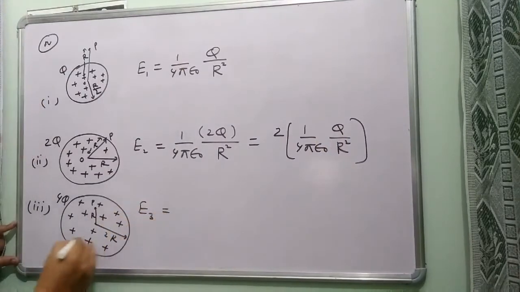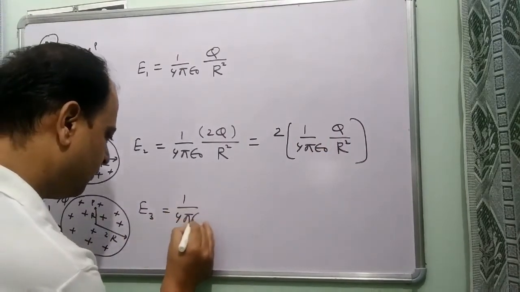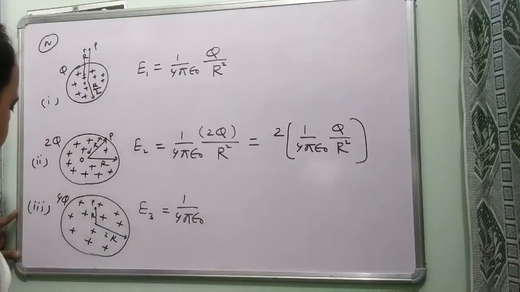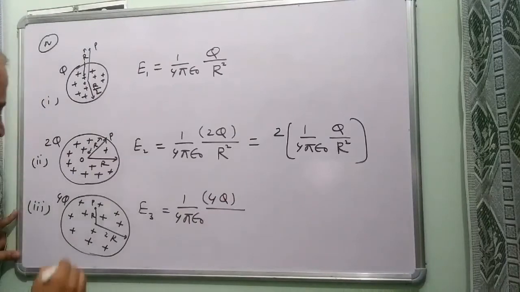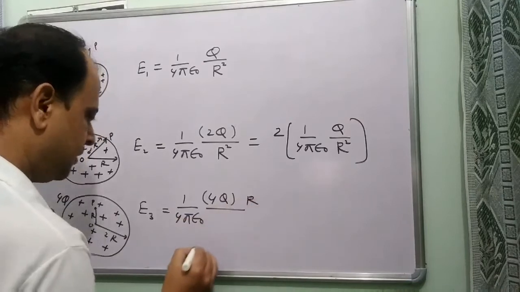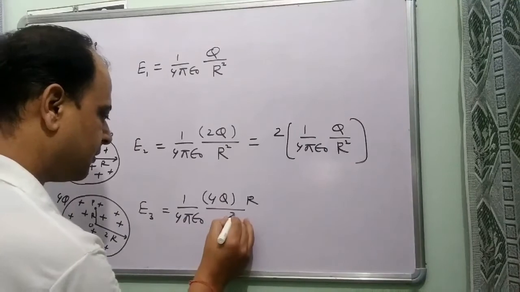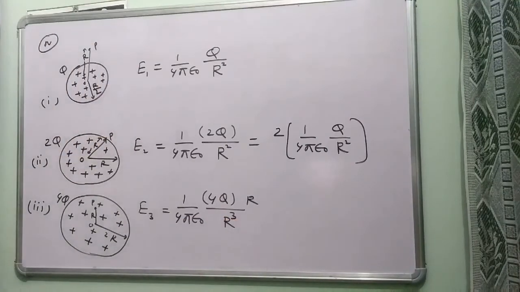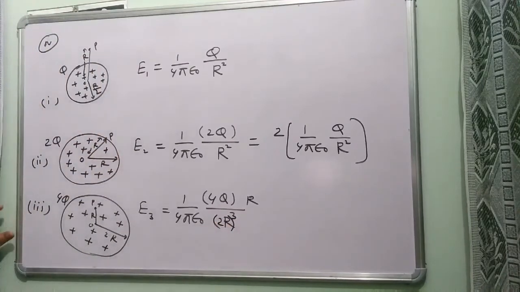E3, inside the solid sphere: 1 upon 4 pi epsilon 0, charge is 4Q, point distance from the center is R, and radius is 2R cube, right?